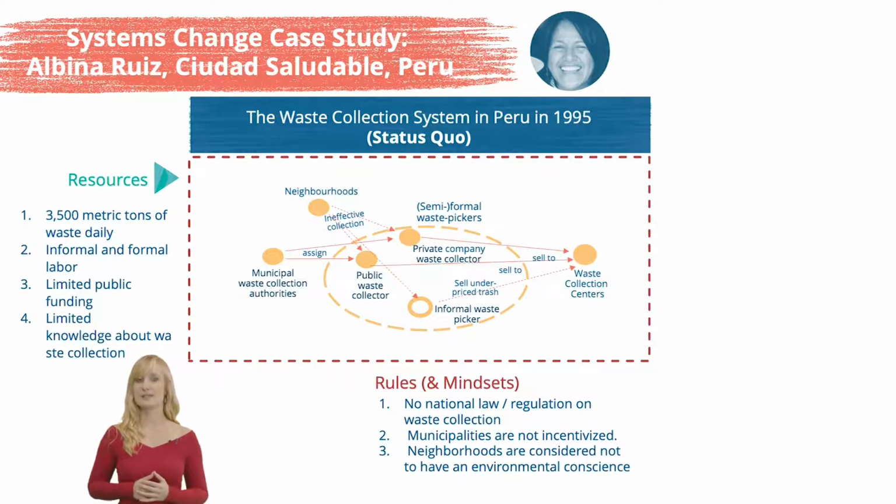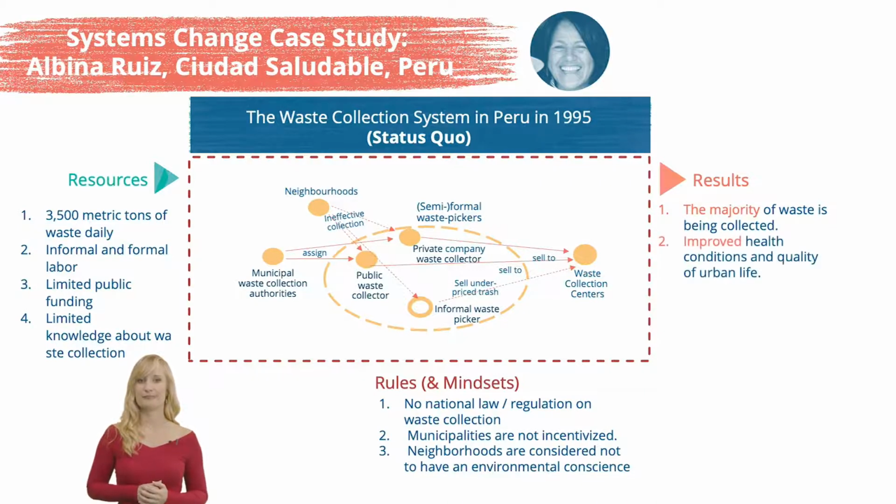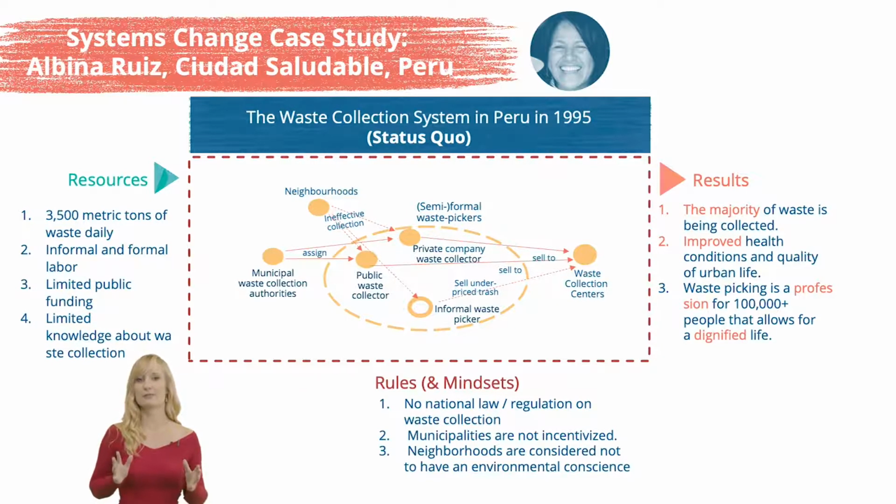She envisions a system producing the majority of waste being collected efficiently and no incentive to dump waste illegally. Improved health conditions and quality of urban life. Waste picking as a profession for more than 100,000 people that allows for a dignified life and income. And an increased economic value as it becomes an integrated and efficient system.